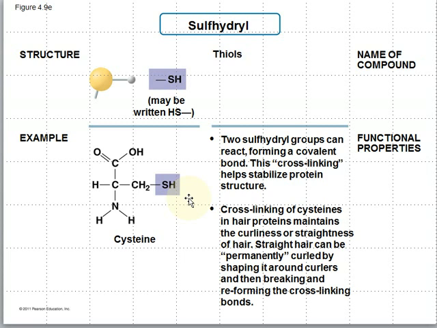So when those cross linkages reform, they hold the shape of your hair the way that you wanted it. So if you have straight hair, you curl the hair, you add a chemical to break the linkage, add a chemical to rebond the linkage, now you have curly hair. Or you can do the opposite of that. If you have curly hair, you can straighten it using chemicals to break those linkages, and then reform them in a more straight pattern.